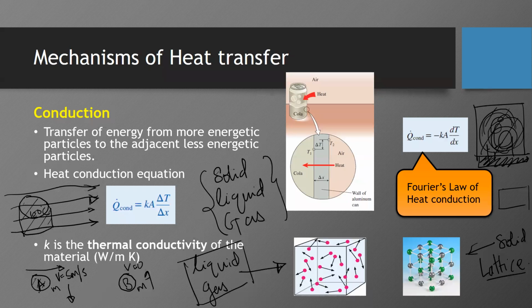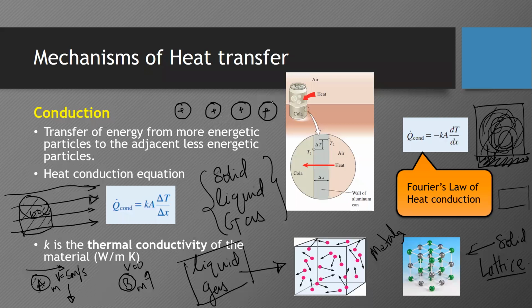Another way of transferring heat in solids, mostly in metals, right? In metals, how is the arrangement? Atoms are like this, closely packed. In the metallic bond, there are free electrons available.